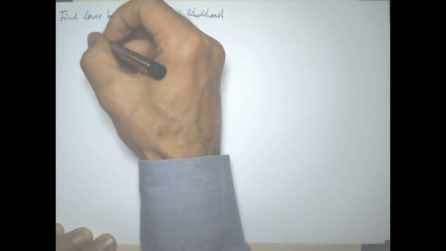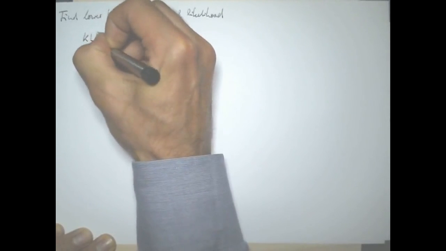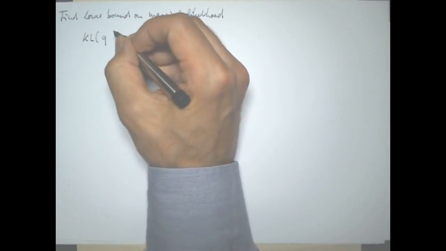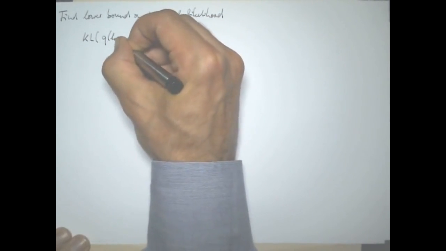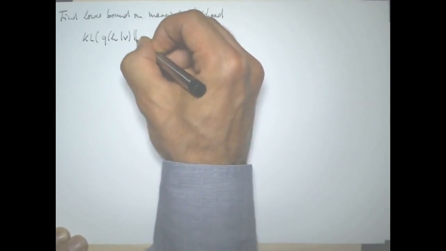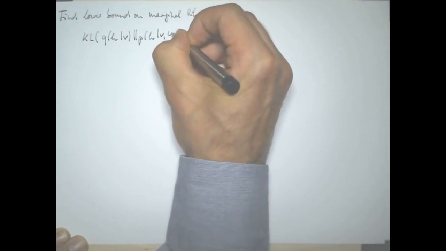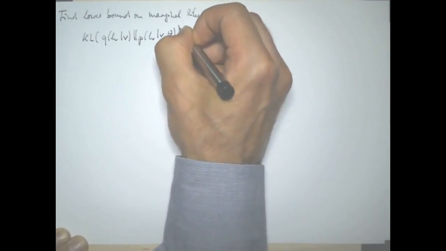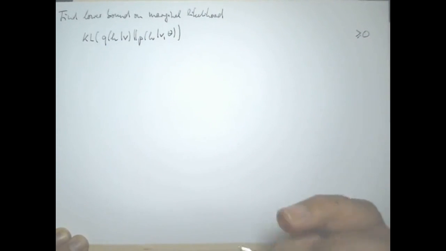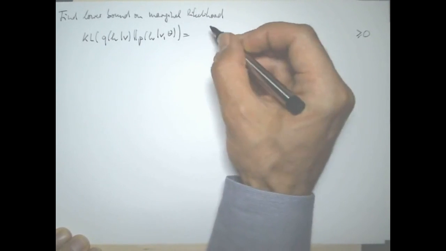For a single training example, we get that KL of, I'm using a helper distribution Q of H given V. So I'm using the fact that this will be non-negative, and I'm inserting the definition here.